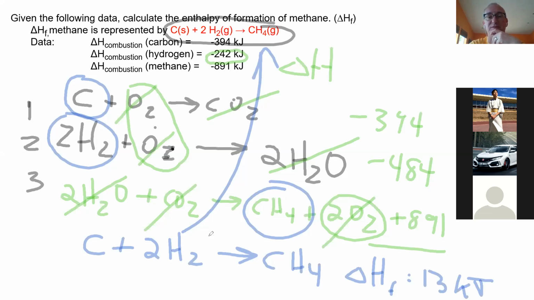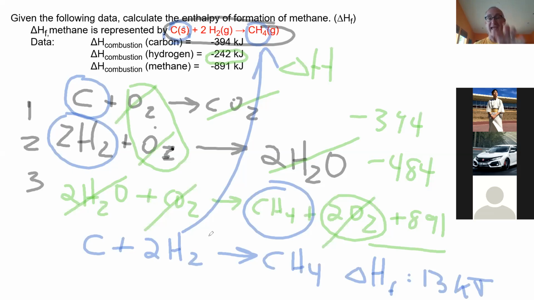When you're forming something that's reduced, and carbon is reduced here, carbon goes from an oxidation number of 0 when it's just carbon by itself to an oxidation number of -4 in methane. Usually when you reduce something, that takes energy. When you oxidize something, like when you burn something, that releases energy. So in this instance, it costs 13 kilojoules of energy to make 1 mole of CH4.